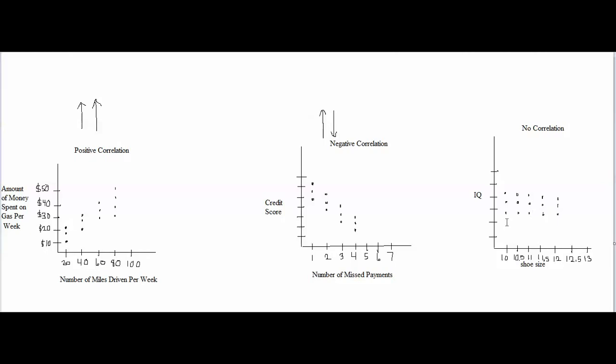What it seems to be showing is that people with higher shoe sizes don't really have higher or lower IQs than people with smaller shoe sizes. So, in other words, it looks like shoe size and IQ have nothing to do with each other, which means that we don't see any correlation in our data set between shoe size and IQ.